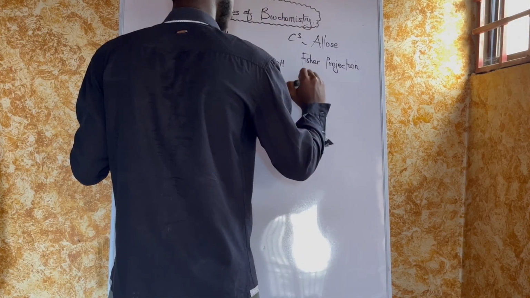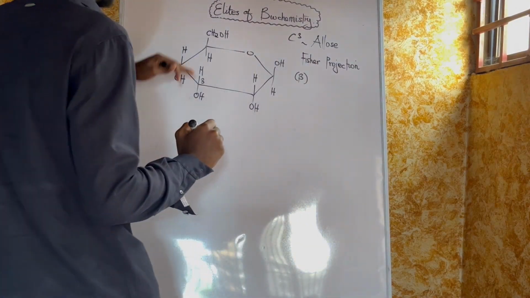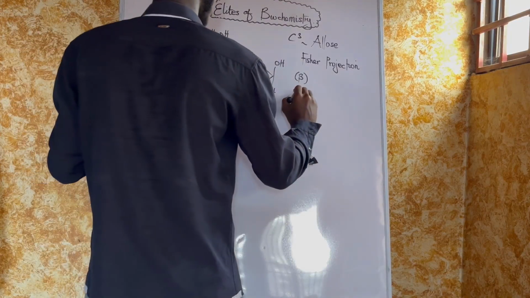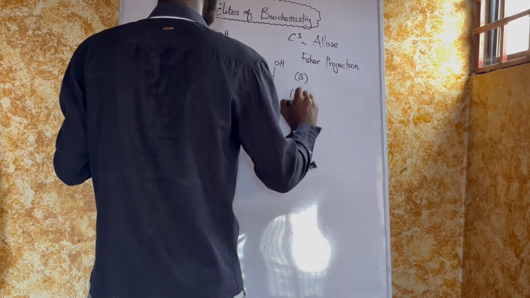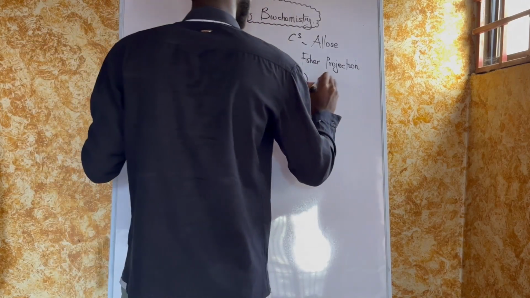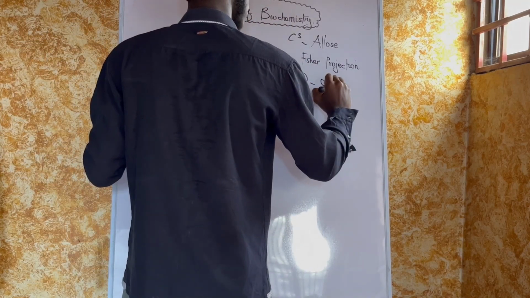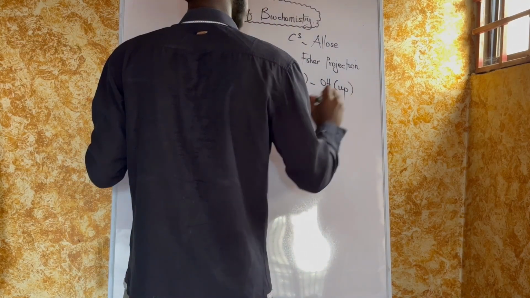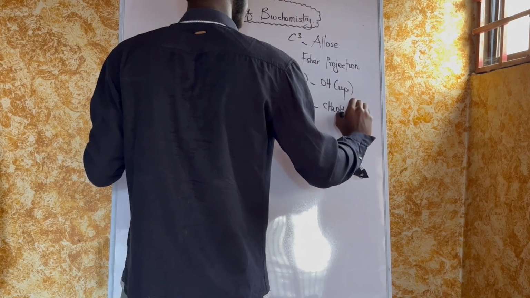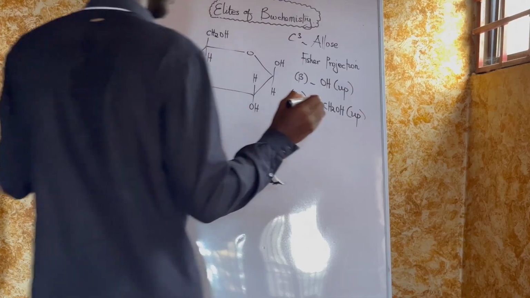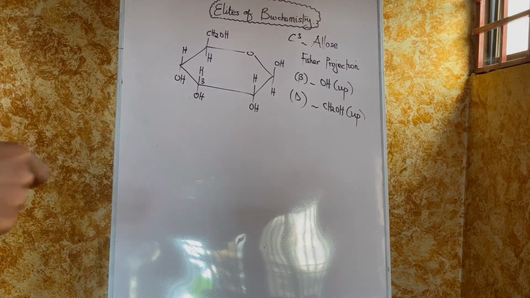And this is a D sugar, because the CH2OH is added. Let me indicate it here: OH up, CH2OH also up. Let me do it this way so that everyone will get a clear picture of what you are doing.